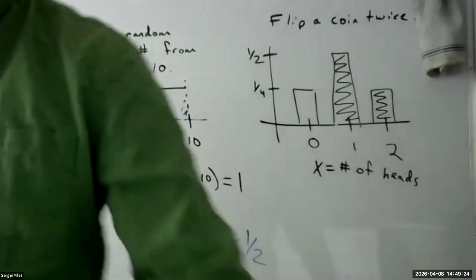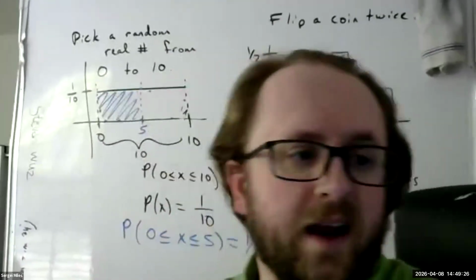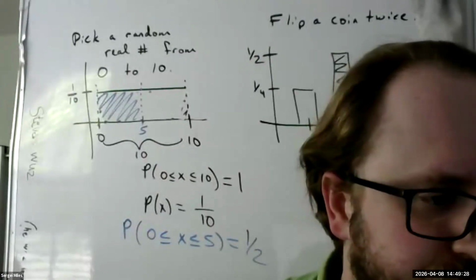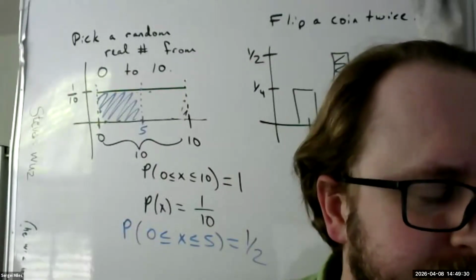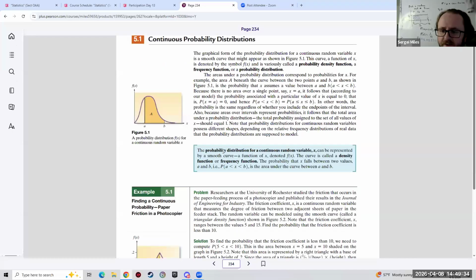All right. So let's come back to the textbook here where we get our definition. So I'll share my screen. And we're given this definition, the probability distribution for a continuous random variable. In other words, this is a function which is determining the probability over a range of different x's.